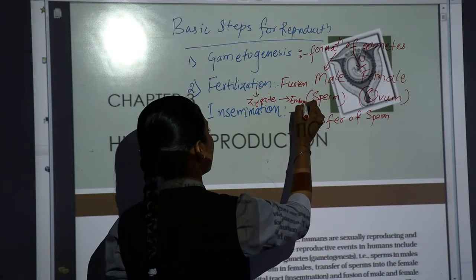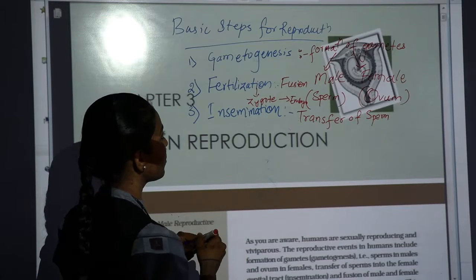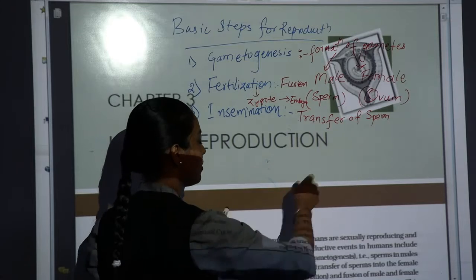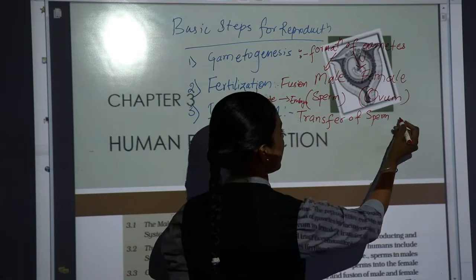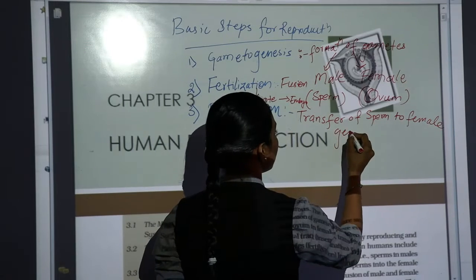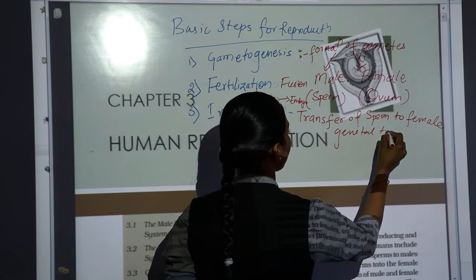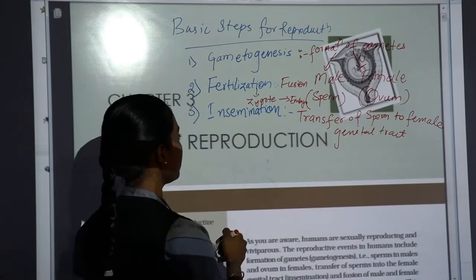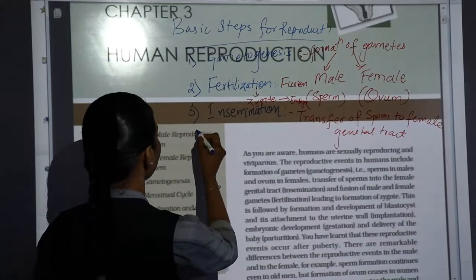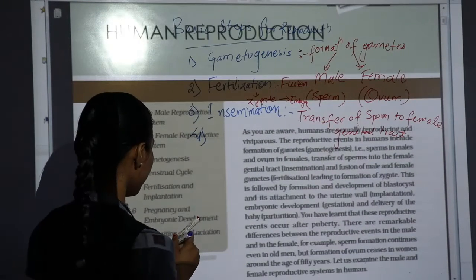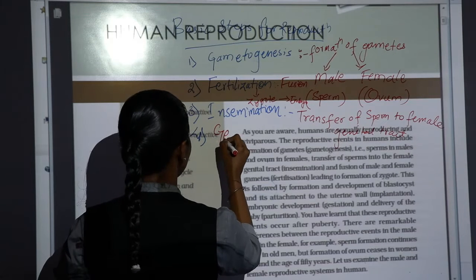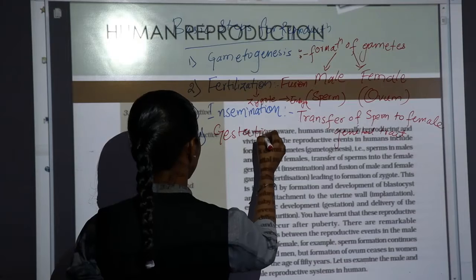I hope you are clear with this. See, first step is what? Gametogenesis, then comes insemination, that is transfer of sperm to the female genital tract. Then the next term we are going to see is gestation.